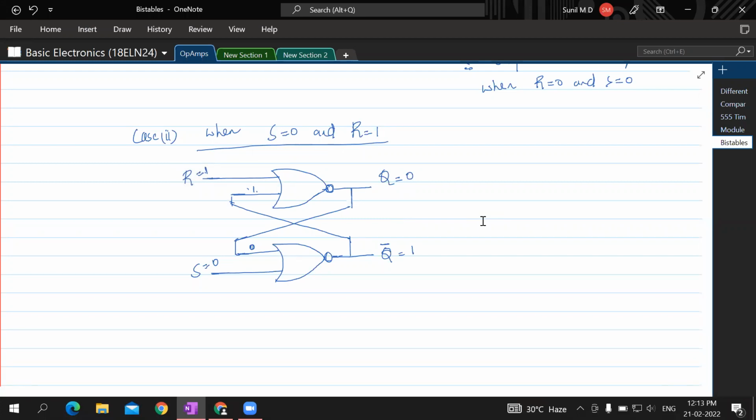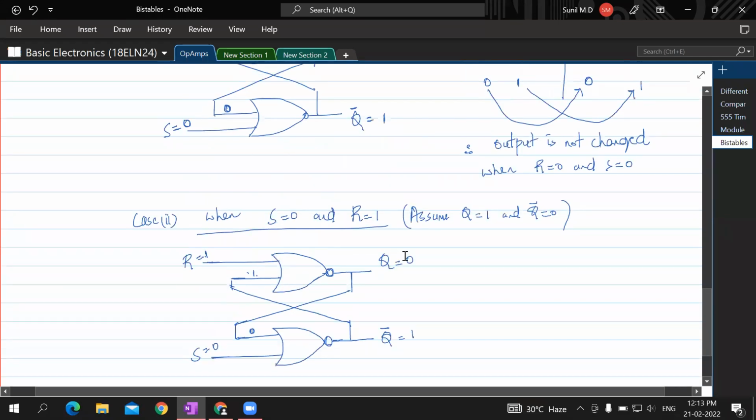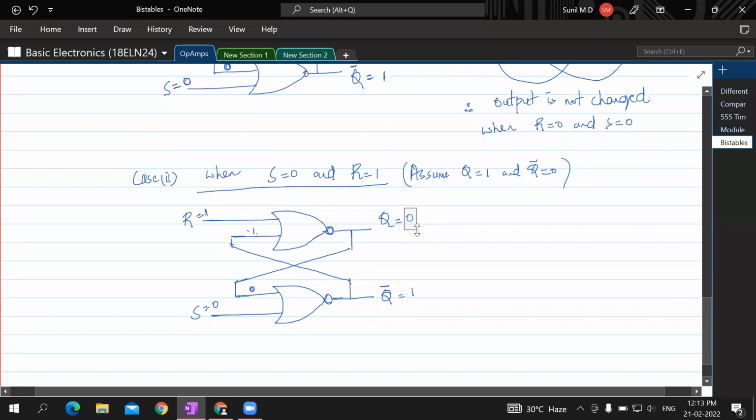Understand that? Or in other terms, let's say this. Assume Q to be 1 and Q bar to be 0. That means I can change this now. So accordingly, let Q be 1 and Q bar be 0, which means these two will change now.